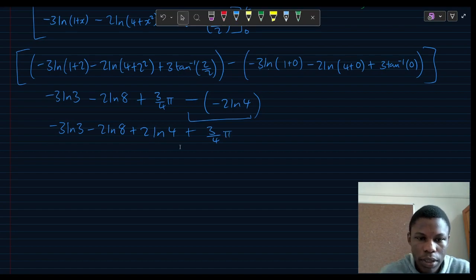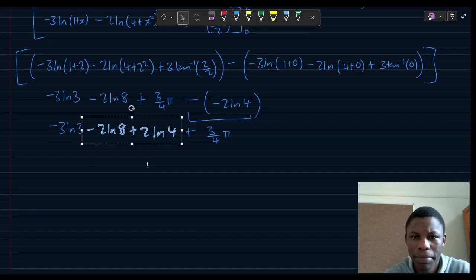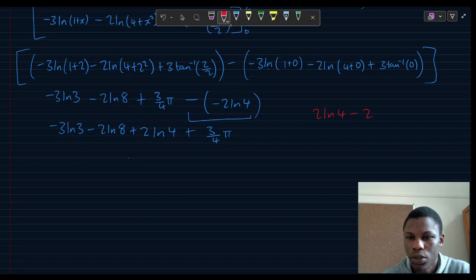Then what I'm going to do is start by combining these two first, since they have the same coefficient, the 2. So if we take those aside, I've got 2 ln 4 minus 2 ln 8. Because they have the same coefficient, I can combine them using my laws of logarithms.